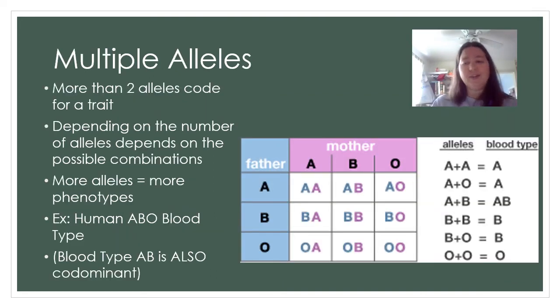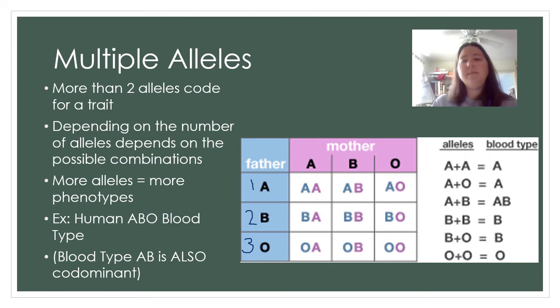Multiple alleles. This one is a little bit fun, but at the same time a little bit confusing. Instead of just having a dominant or a recessive allele, or in the case of codominance where we had the R allele and the W allele, in this case we actually have three alleles. 1, 2, 3. The A allele, the B allele, and the O allele.